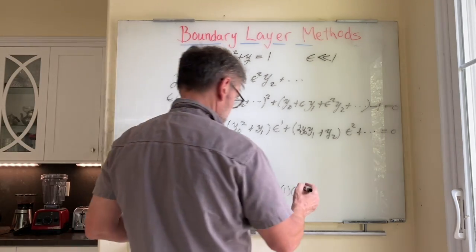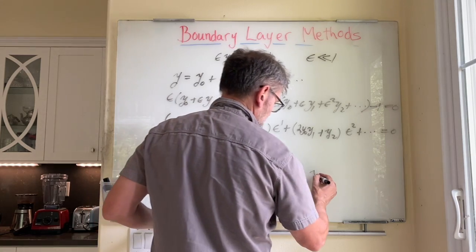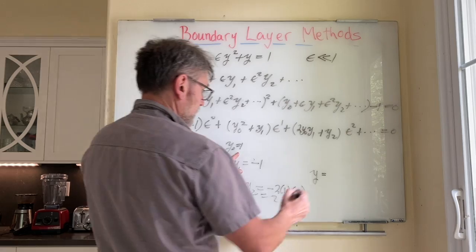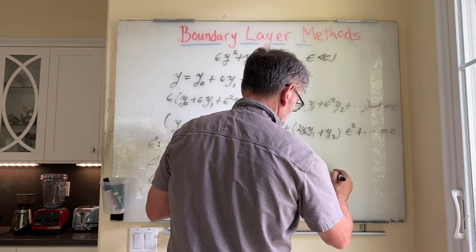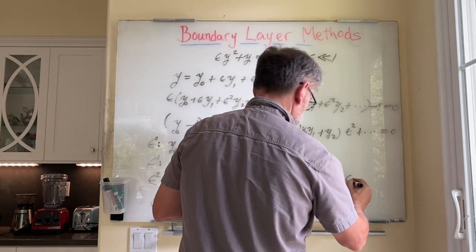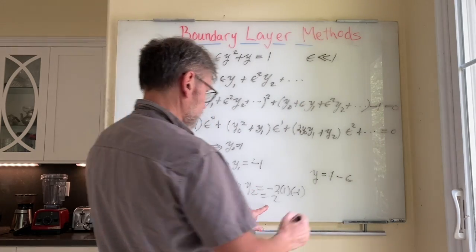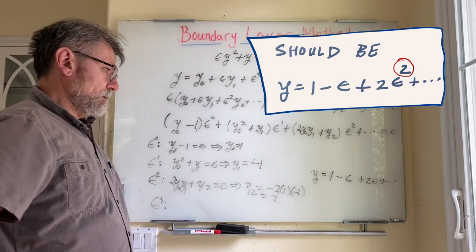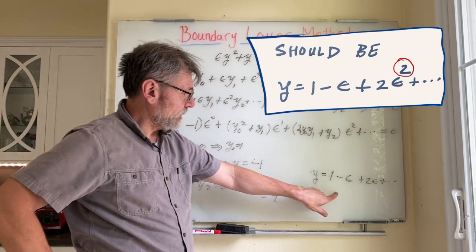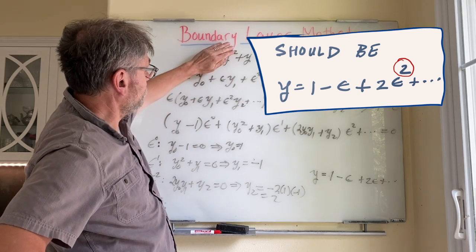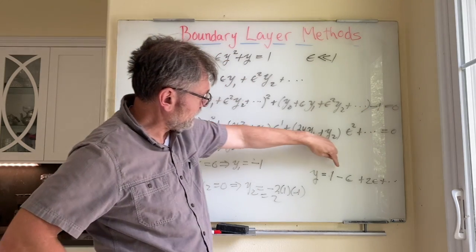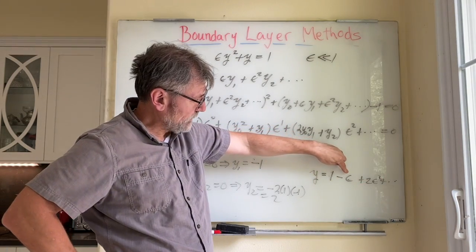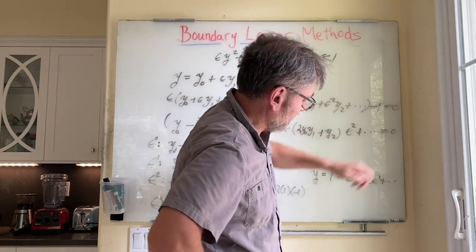The upshot, stopping after the first 3, is y is equal to 1 from y naught, minus epsilon from this term, plus 2 epsilon squared, plus dot dot dot. So we get the solution where epsilon is 0, just y equals 1, then the epsilon correction, then the epsilon squared correction, and we can keep going forever.